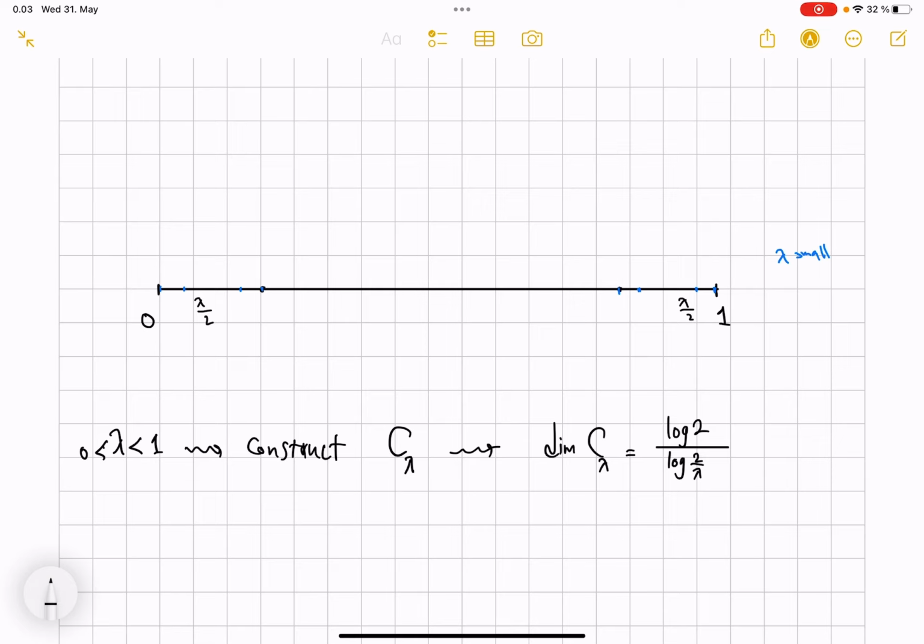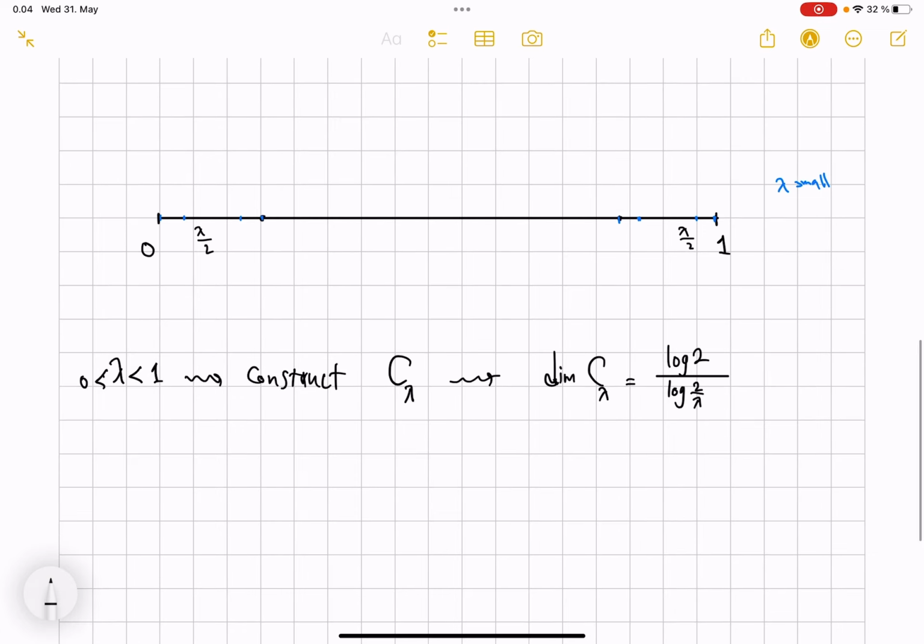You can see that if lambda goes to 1, then the dimension of C lambda almost becomes 1, so that agrees with the fact that the Cantor set will be large. And if lambda goes towards 0, then this converges to 0, corresponding to very small Cantor sets. So that's a double check.